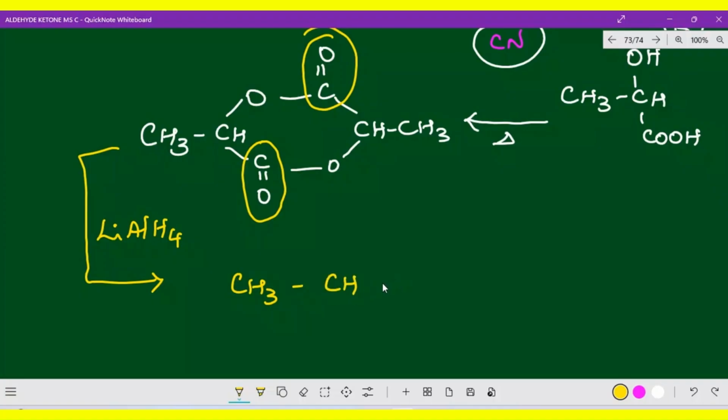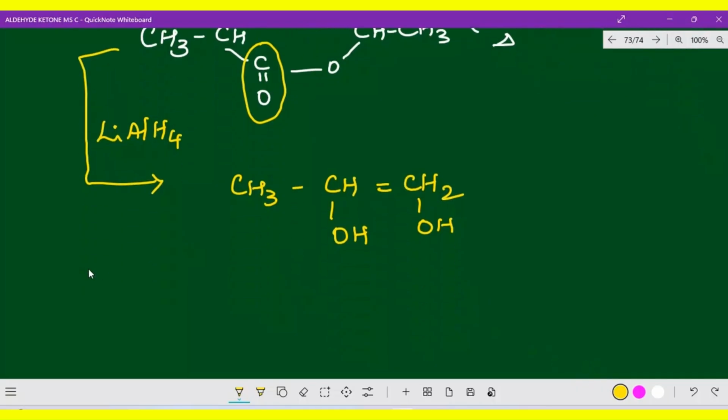Here you will get CH3, CH double bond CH2, here OH, and here also OH. Why? You know, an alpha beta unsaturated system can exhibit cis and trans isomerism. The exact product here is CH3, CH double bond CH, COOH.